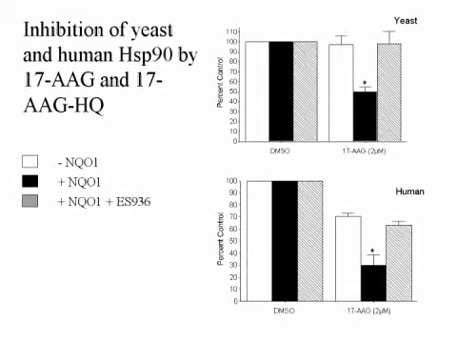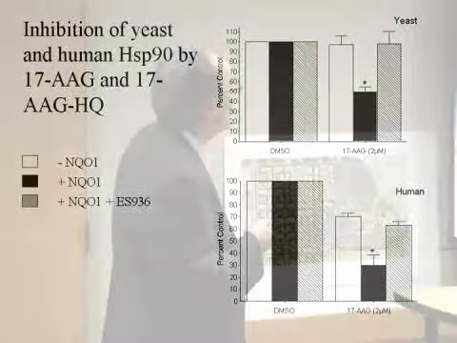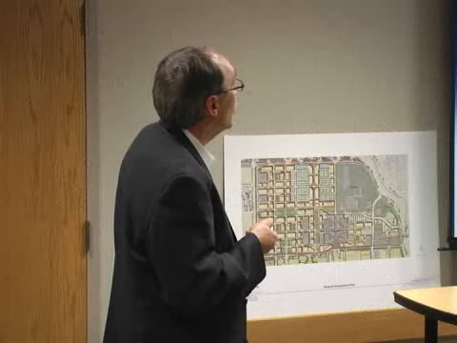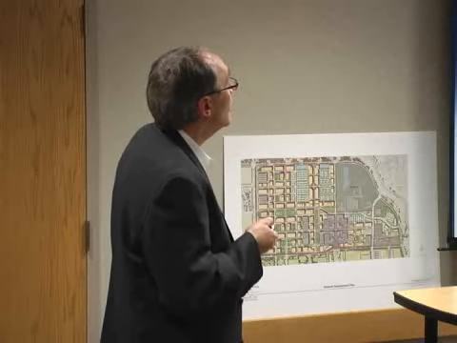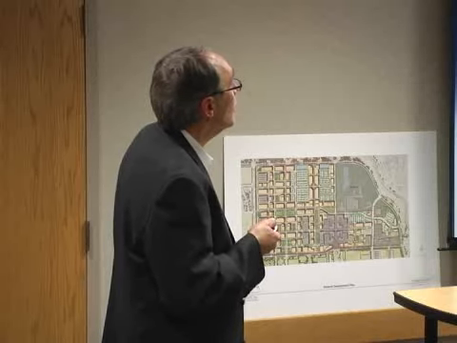This is just by measuring its ATPase activity. We generate this hydroquinone, verify it's there. We generate it using this enzyme NQO1. We can also then block NQO1 with this molecule. I apologize for the acronym, it's ES936. It just inhibits this enzyme.